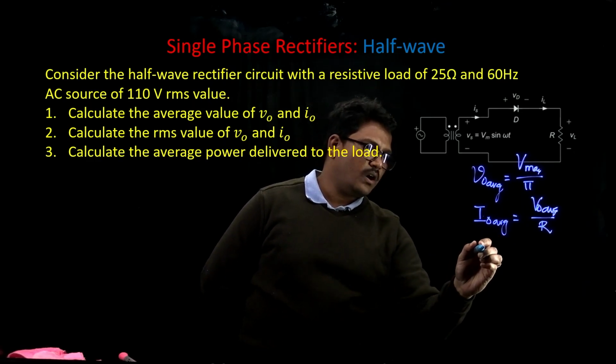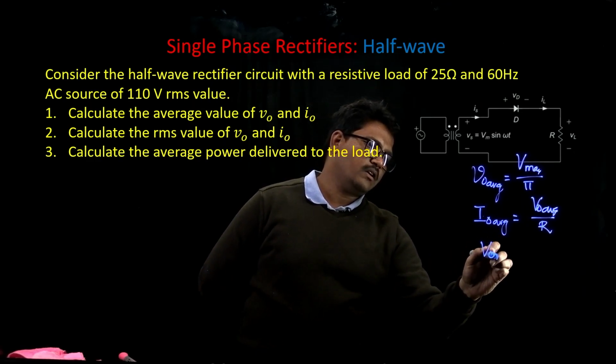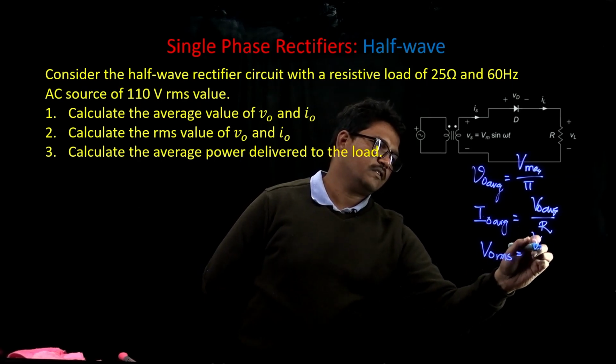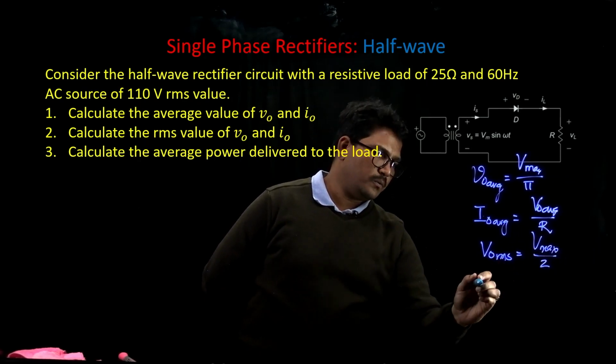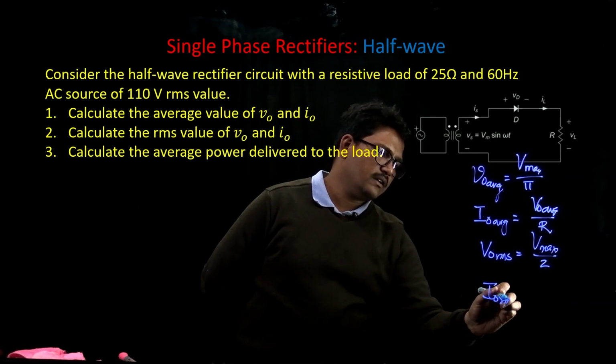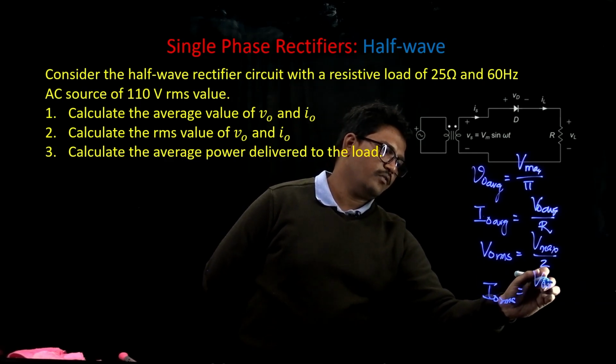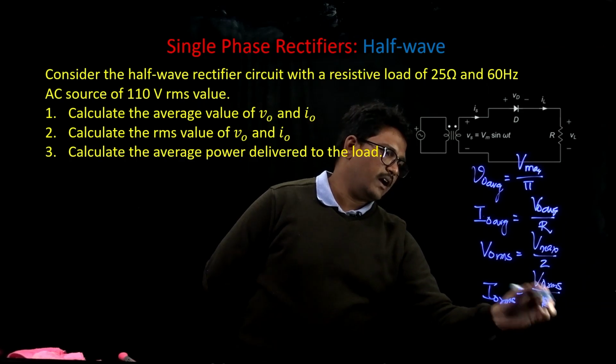Similarly, for the RMS value, V naught RMS is V max by 2, and I naught RMS is simply V naught RMS divided by R.